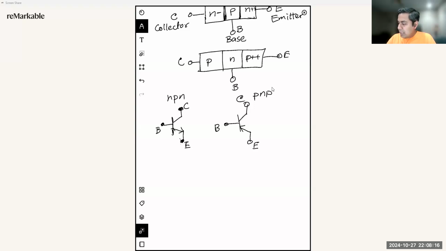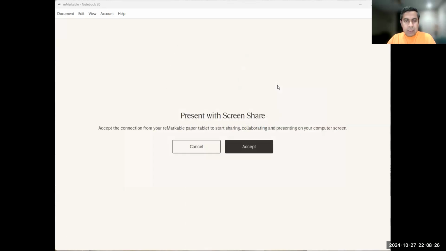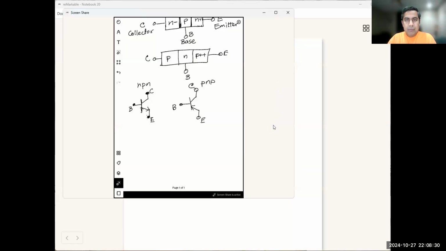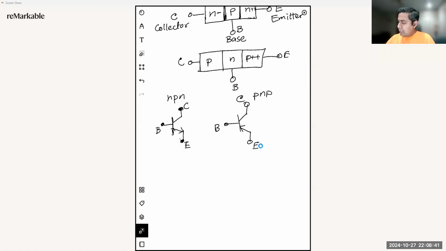The direction of the current is usually going to be from collector to emitter.